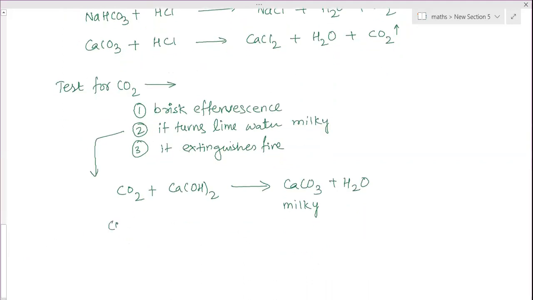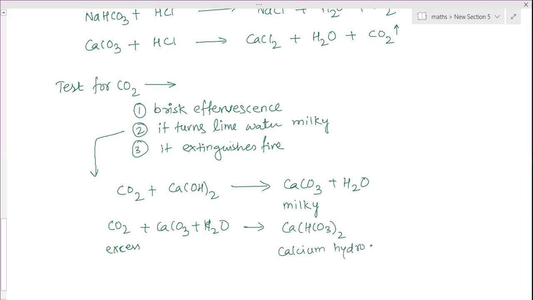Now excess carbon dioxide is passed through the same solution. When you keep on passing carbon dioxide through that solution, that means the calcium hydroxide has been converted into calcium carbonate and water, and then the milkiness disappears due to the formation of Ca(HCO3)2, calcium hydrogen carbonate.